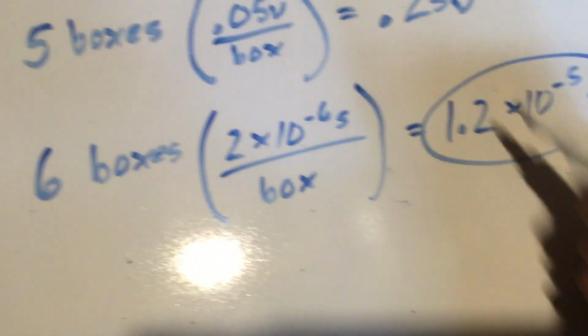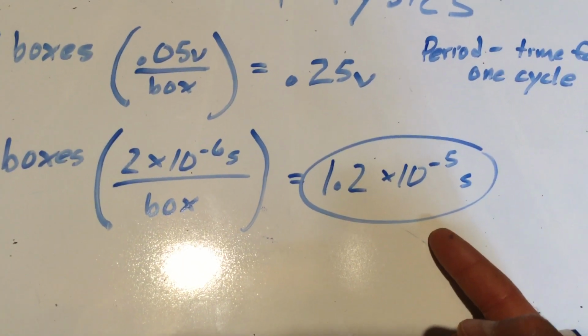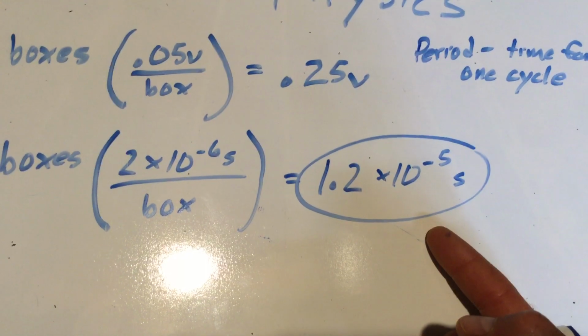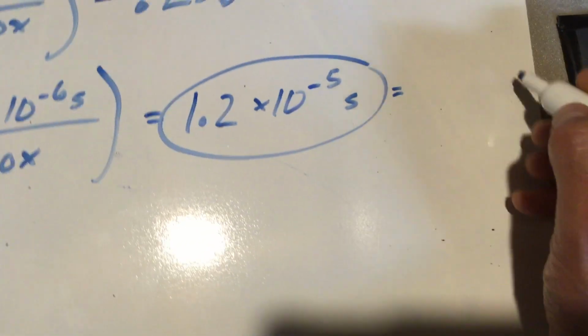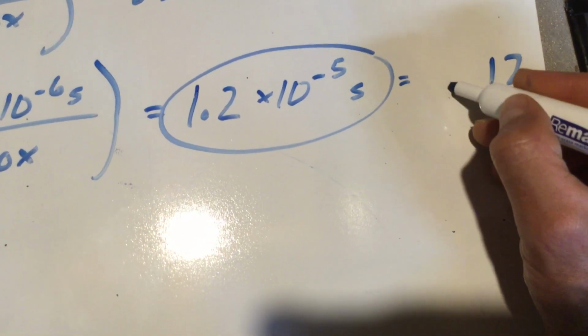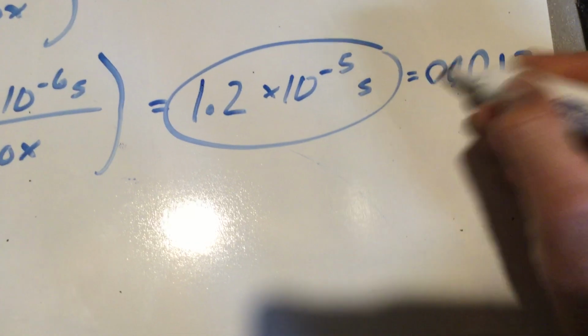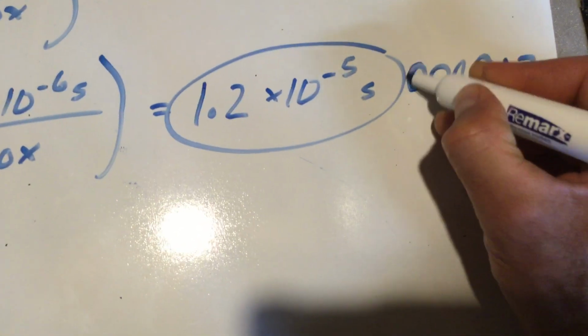That means that the time it takes for each wave to go by is 1.2 times 10 to the negative 5. Or could be written, of course, this way. If you take the decimal point, you move it 1, 2, 3, 1, 2, 3, 4. I need one more 0 there.